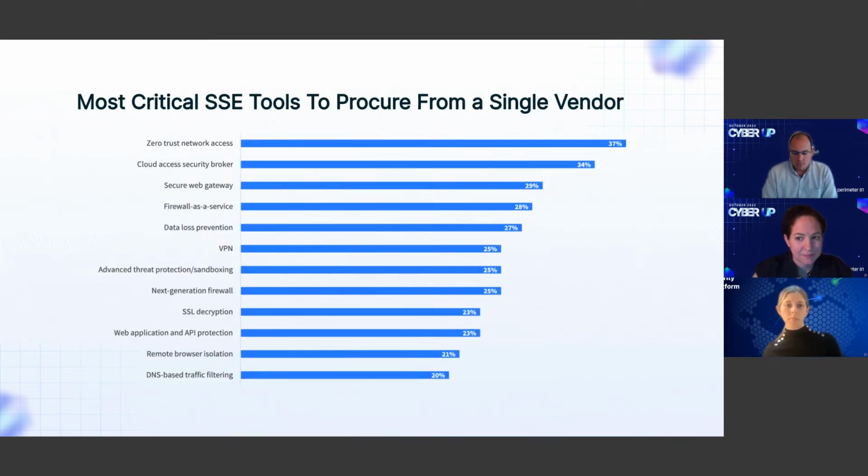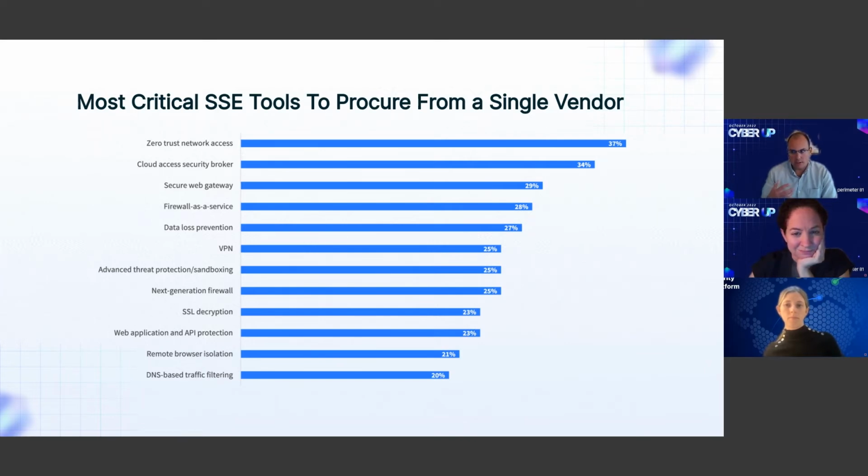And I talked, the idea of this is really convergence. So we wanted to understand what tools are most critical to get from a single vendor. To me, this wasn't surprising, but was good validation. If you look at the three at the top, ZTNA, CASB, and Secure Web Gateway, it really comes down to this idea of overlapping functionality.